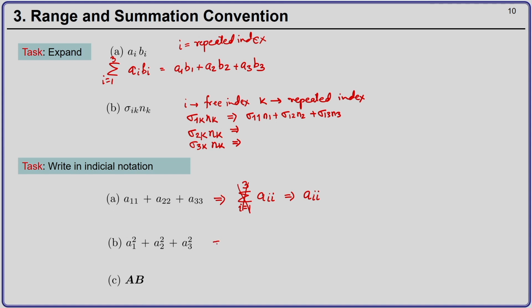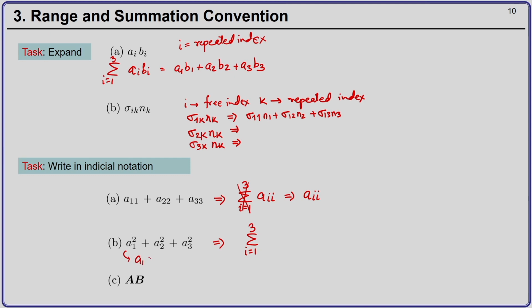Now, the second expression is a_1 square plus a_2 square plus a_3 square. I can write this as a summation i equal to 1 to 3. One thing which is never done when writing in indicial notation is we never write the power. All these terms have a power 1.